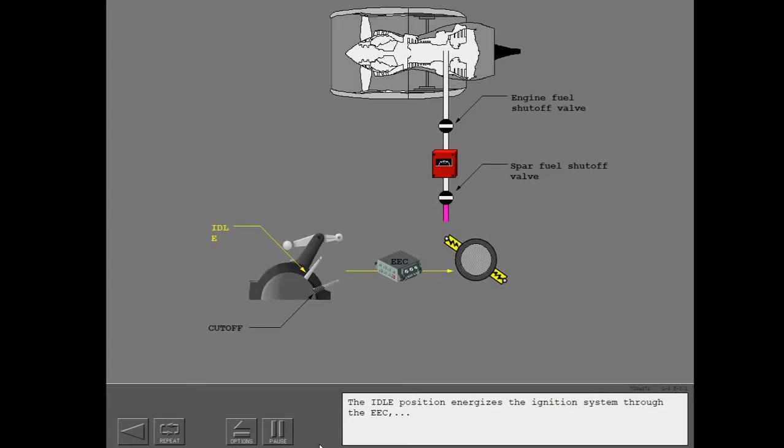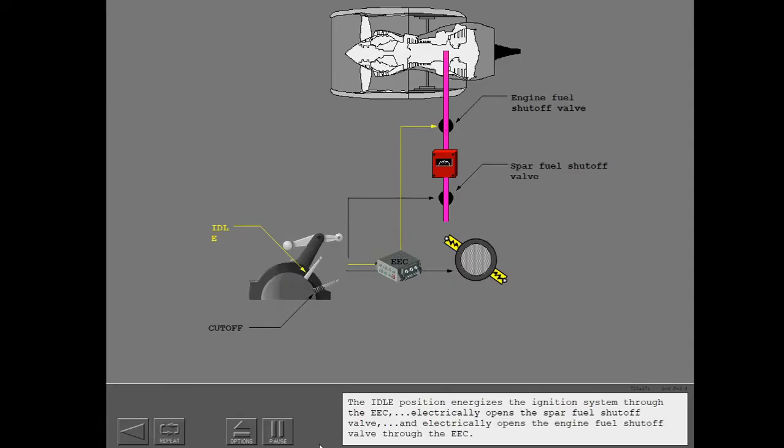The idle position energizes the ignition system through the EEC, electrically opens the spar fuel shutoff valve, and electrically opens the engine fuel shutoff valve through the EEC.